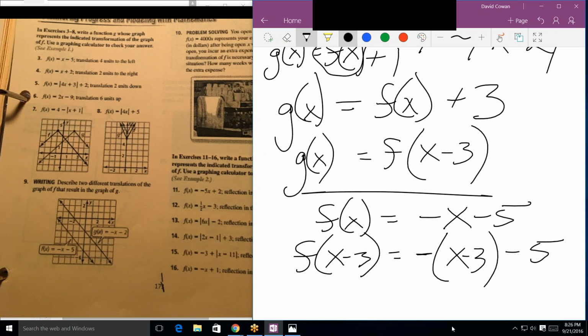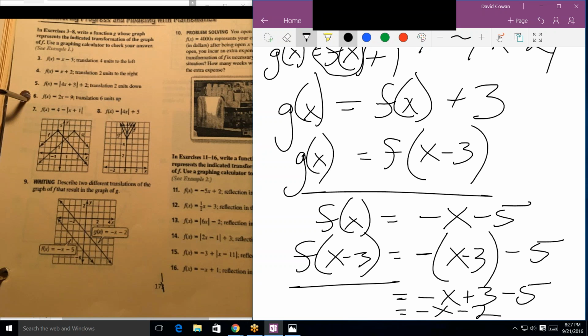That's how you write f of x minus 3: whatever's in the parentheses, and this could be a complicated quotient, it doesn't matter how complicated that is, you plug it in for x in parentheses, because the parentheses clarify it. Now, if we take away those parentheses, what do we have? We have minus x plus 3 minus 5. Well, that's equal to minus x minus 2, which is g of x.